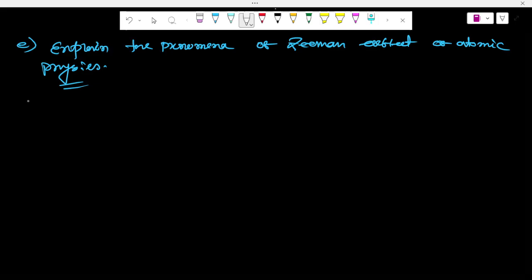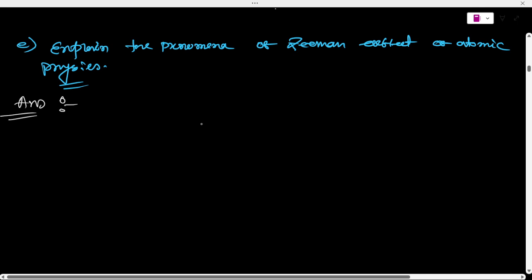You have to introduce atomic physics for the Zeeman effect. So what will be its answer?